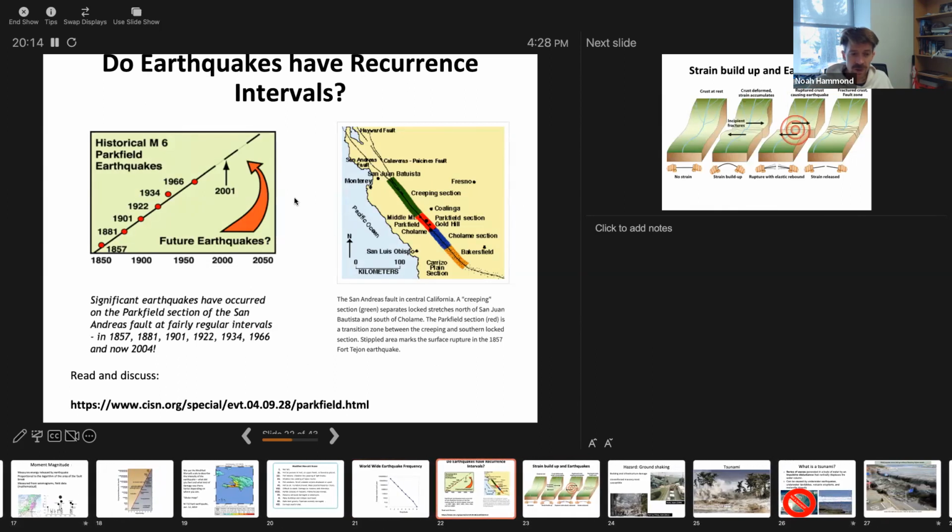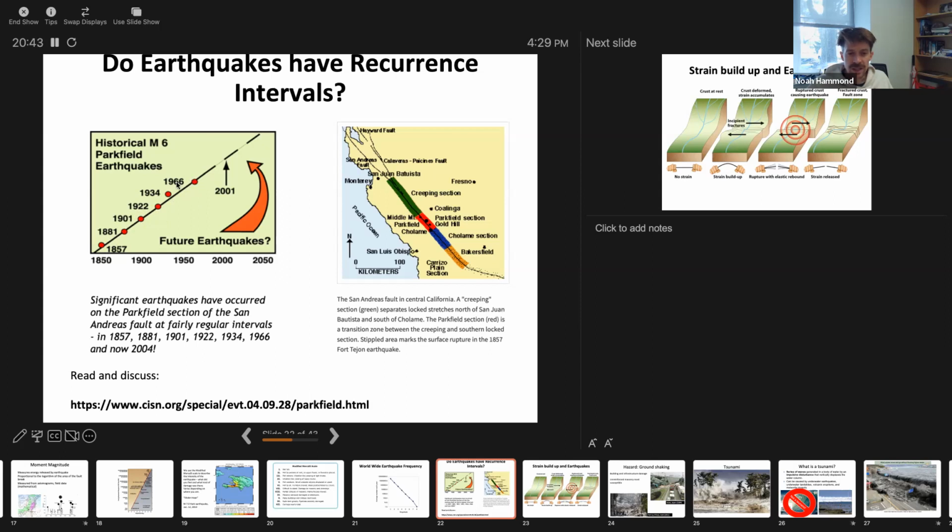So one idea is, do earthquakes have a kind of recurrence interval? This is an area of the San Andreas Fault called Parkfield, where there have been really regular earthquakes every 20 to 40 years, where we've gotten magnitude 6 earthquakes that occur on regular 20 to 30 year intervals.